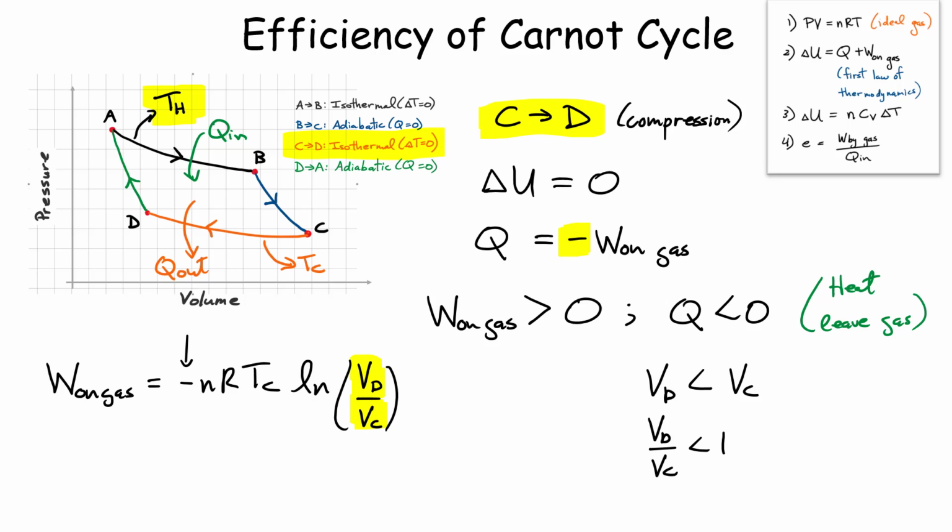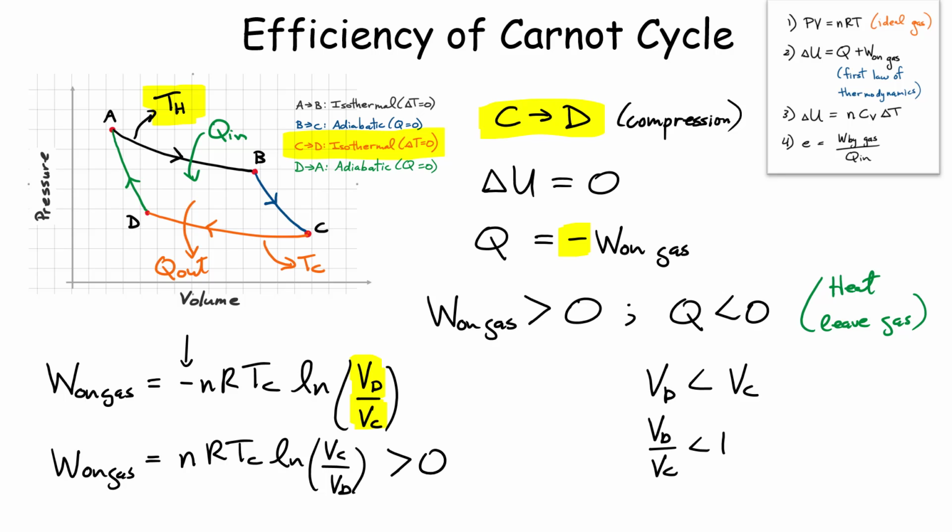So if you wanted to, and this is something I just prefer doing, I just like absorbing that negative sign here and using properties of the natural log, I can write it down as VC over VD. So now clearly this is going to be a positive value, and you can see the work done on the gas is clearly a positive value, right?